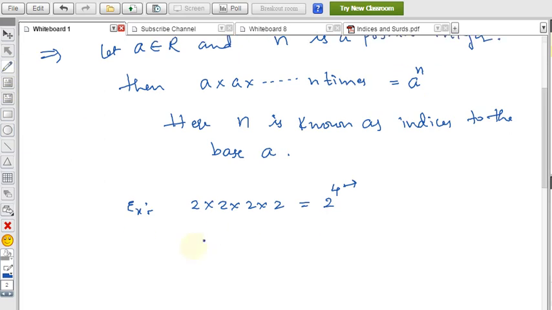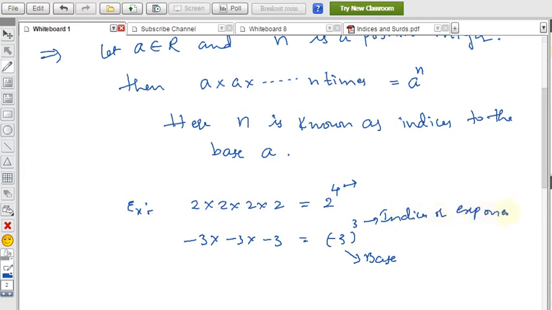Even with a negative sign: minus 3 into minus 3 into minus 3 is minus 3 to the power 3. Here the indices is 3 and the base is minus 3. So this is the base, and this is the indices or exponent, or we can call it a power also.